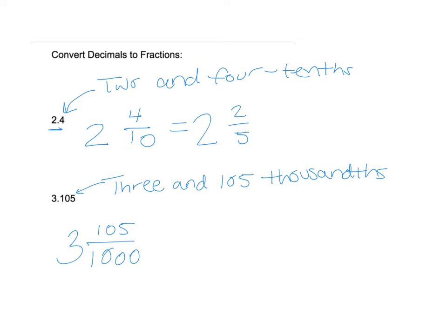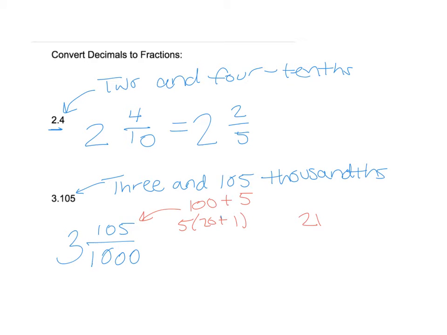So what is 105 divided by 5? Well, if you think about this as 100 plus 5, and if you divide 100 by 5, you get 20. And if you divide 5 by 5, you get 1, which would leave us with 21.